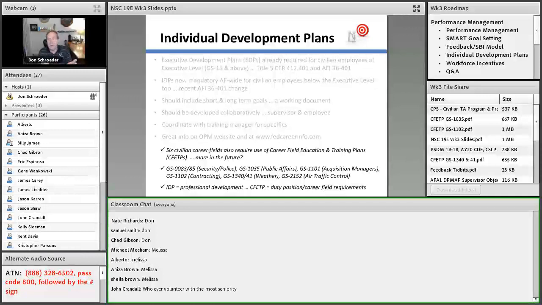There could be a civilian who works in there, but it's normally a senior airman, a staff, a tech, sometimes a master sergeant, but usually not that individual, because they are used to these things for their military personnel. So if you end up having to use CFETPs, one of these 6 career fields, then if you have questions, contact your squadron training office, and they will explain the ins and outs to you.